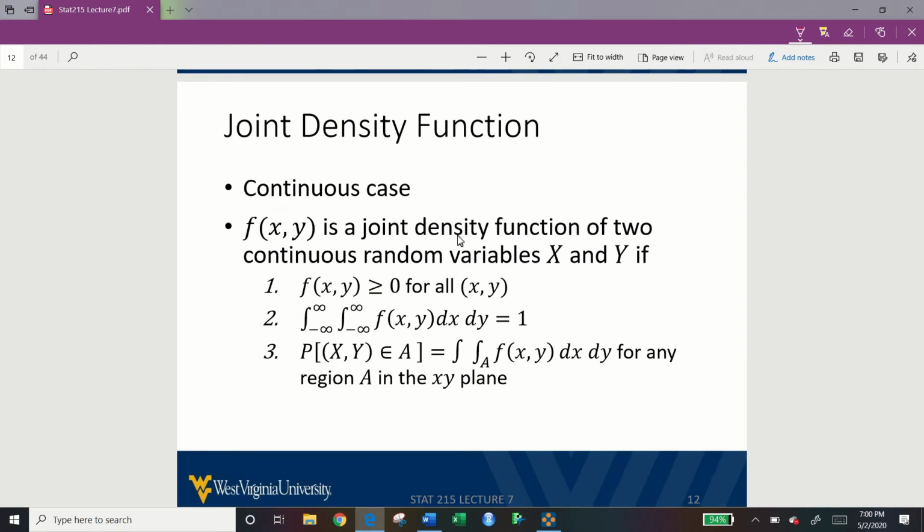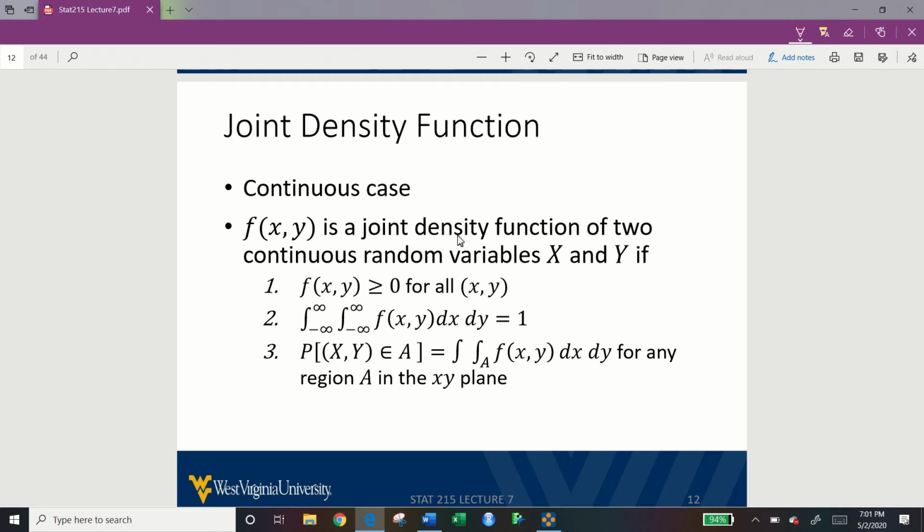Okay, so the joint density function for our continuous case: f of (x, y) is a joint density function of 2 continuous random variables x and y if f of (x, y) is greater than or equal to 0 for all (x, y), the double integration from negative infinity to infinity of f of (x, y) dx dy is equal to 1, and the probability of (x, y) belonging to A is the double integral over A of f of (x, y) dx dy for any region A in the xy plane.